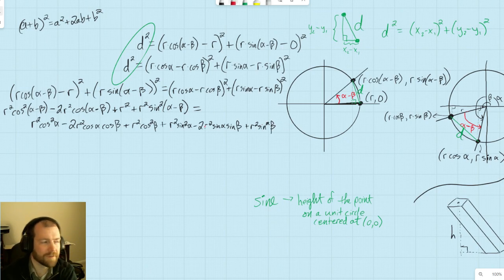And now we could say here, all right, look, we've got r squared in every single term. So if we multiply by 1 over r squared, it eliminates all those terms, which means that this is radius invariant.